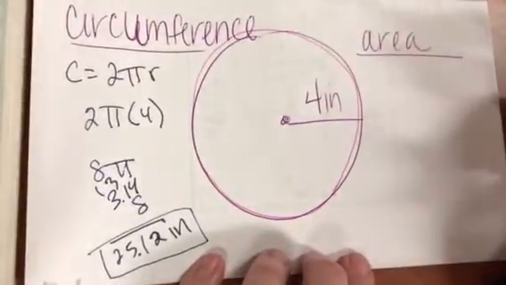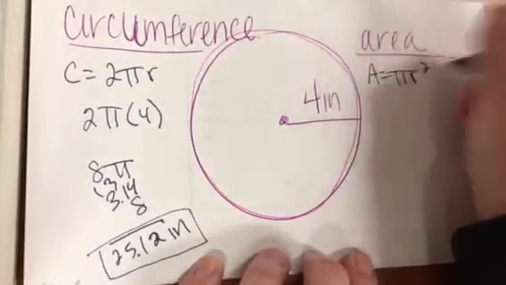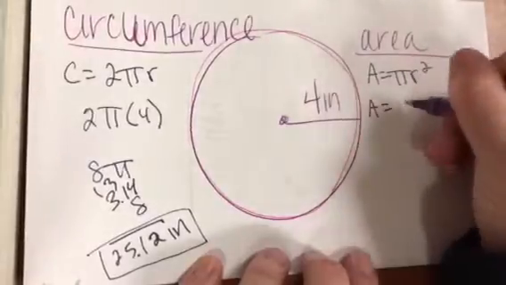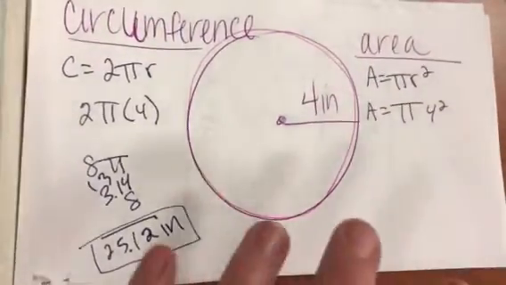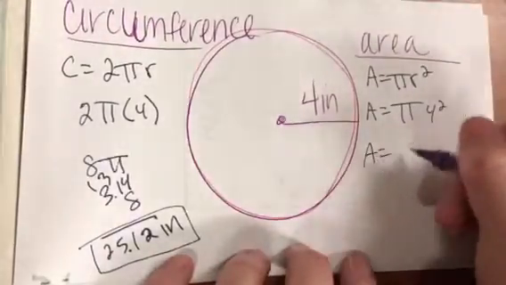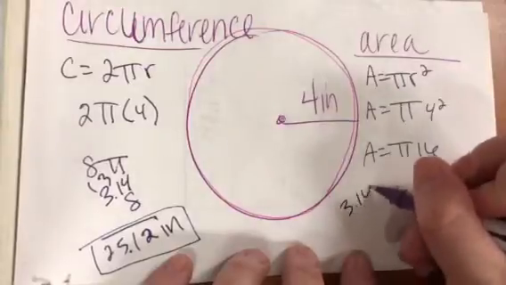Area. What did we say the formula for area was? Pi r squared. Area equals pi r squared. So I've got area equals pi times 4 squared. And we know 4 times 4 is 16. So pi times 16, and so we would do 3.14 times 16.